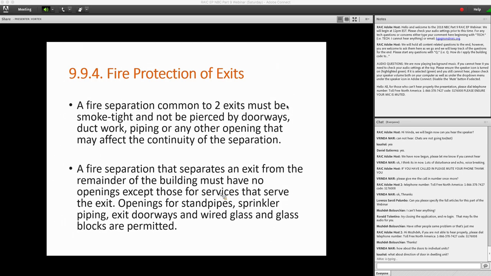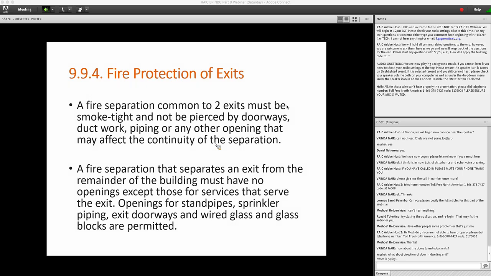We also want to restrict the spread of fire from the floor area into the exit. For that matter, the fire separation common to two exits must be smoke tight and not be pierced by doorways, ductwork, piping, or any other opening that may affect the continuity of the fire separation.